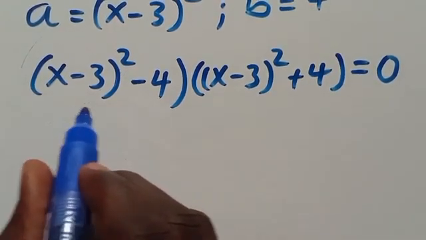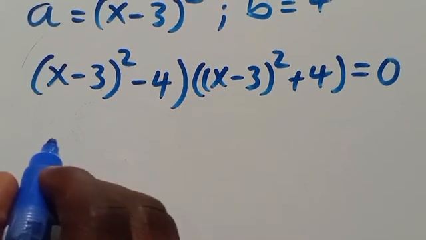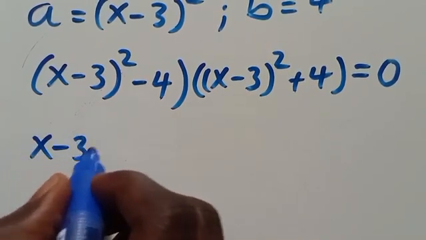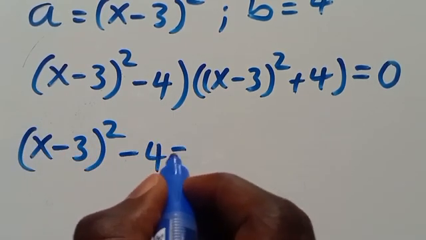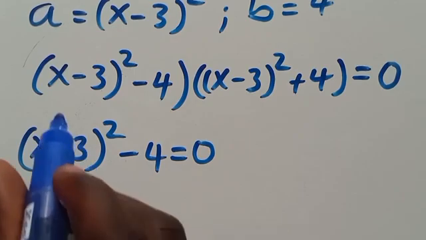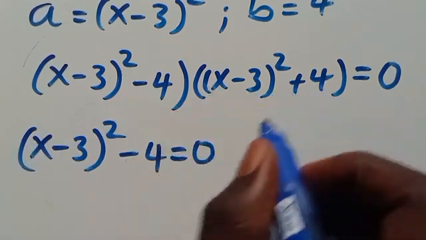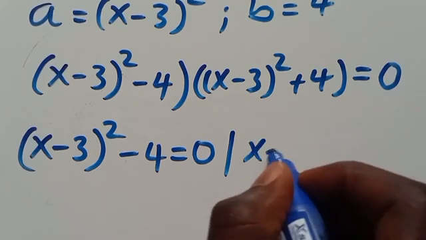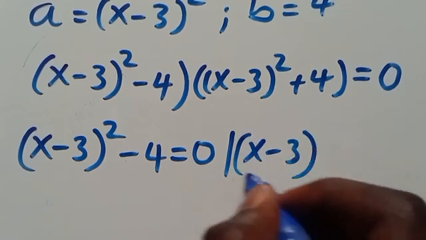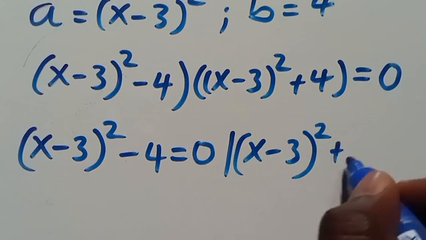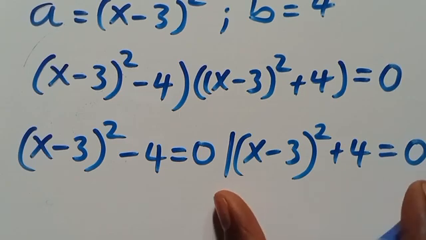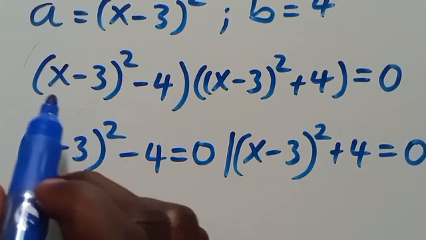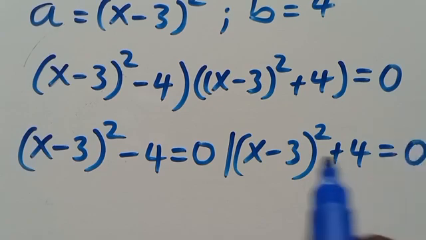Now for this to be equal to 0, either (x - 3)^2 - 4 = 0, the first term in brackets, or (x - 3)^2 + 4 = 0. When either of these expressions equals 0, the whole term is equal to 0.